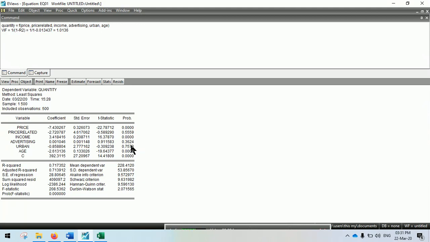It means that if the shop is in an urban area, then the demand for that particular good will decrease. If the shop is in a rural area, then the demand for that particular good will increase.